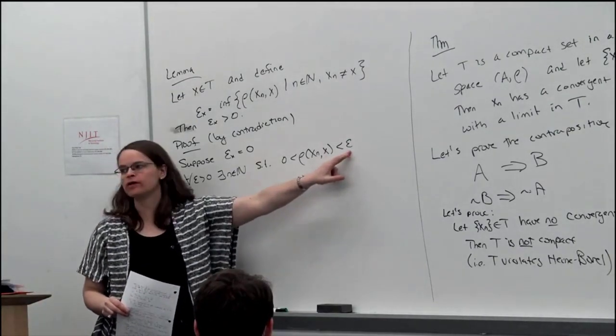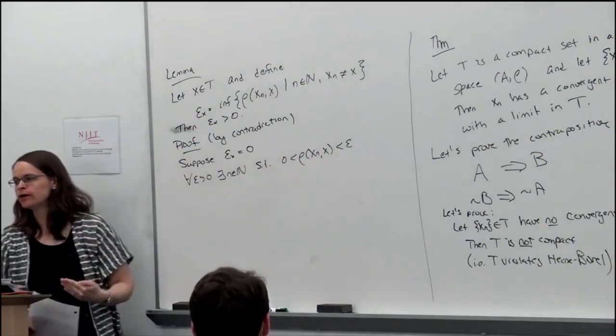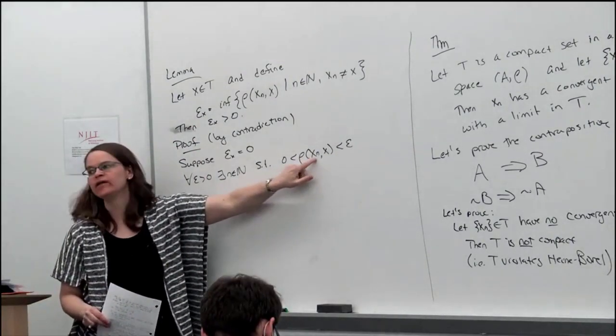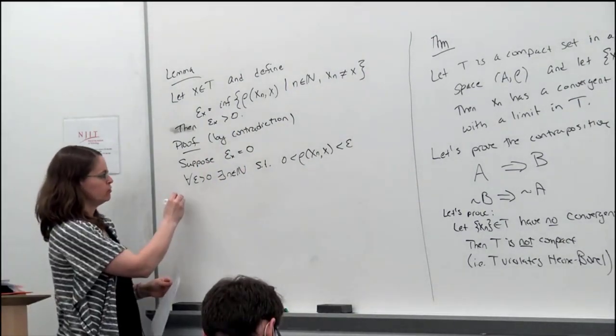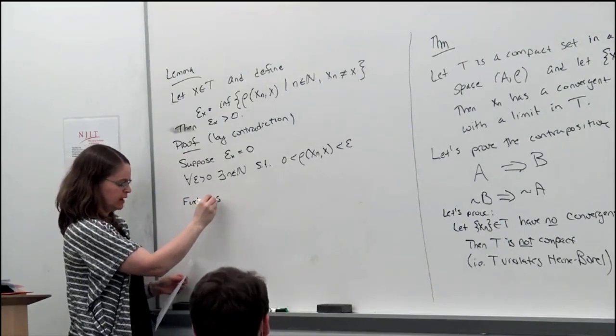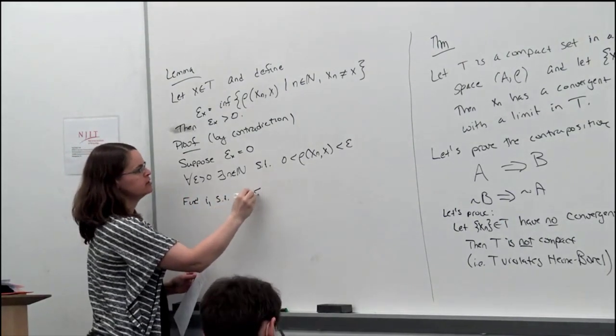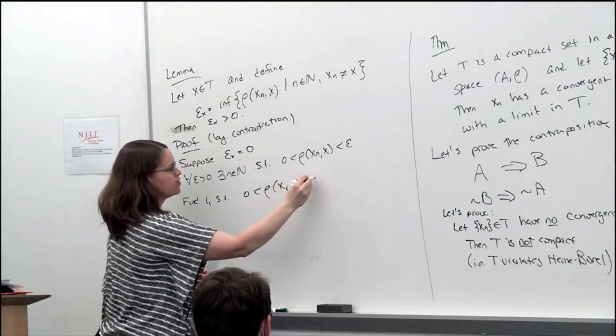We'll do this for epsilon equals 1, epsilon equals 1/2, 1/3, 1/4, and I'm going to get a sequence of points that converges to x. So we can find some index, let's call it i_1, such that we're within a distance 1.